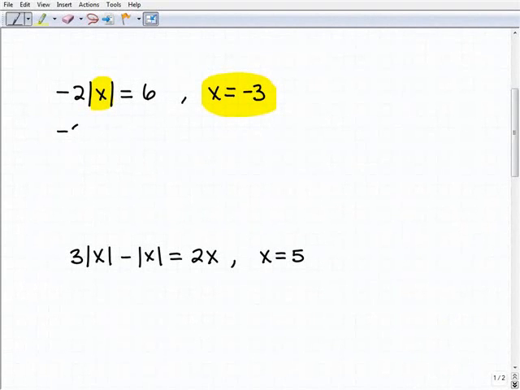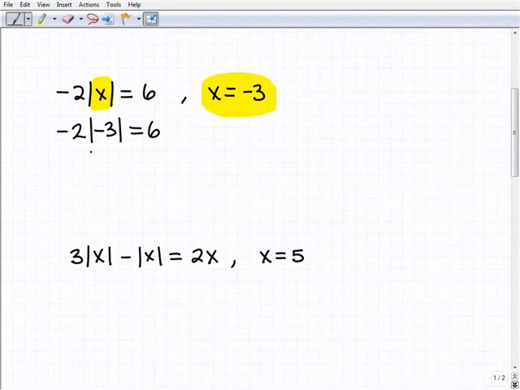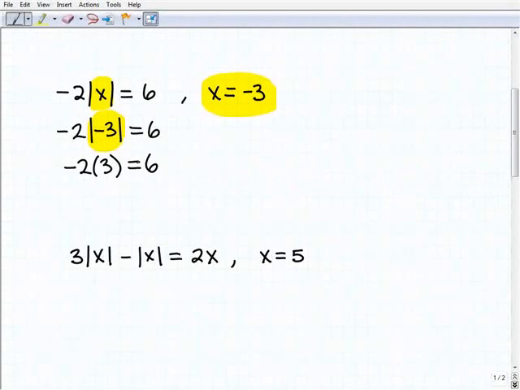So we're going to have negative 2 times the absolute value of negative 3. We have to see if that's going to be equal to positive 6. So now we have to figure out what the absolute value of negative 3 is. And of course, I know all of you know that the absolute value of negative 3 is a positive 3. So we have negative 2 times a positive 3, and is that equal to a positive 6?